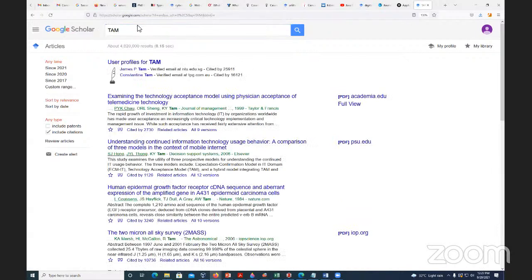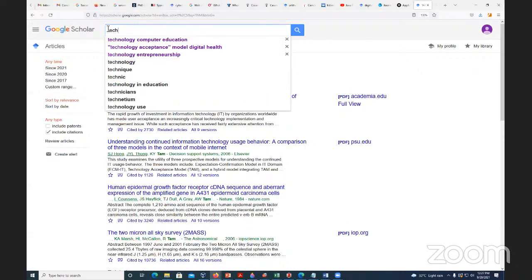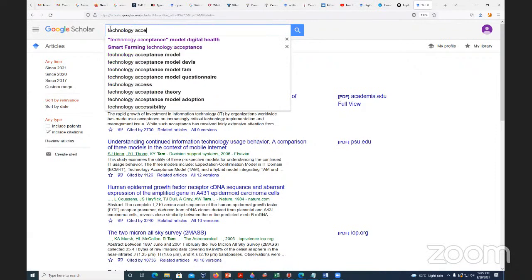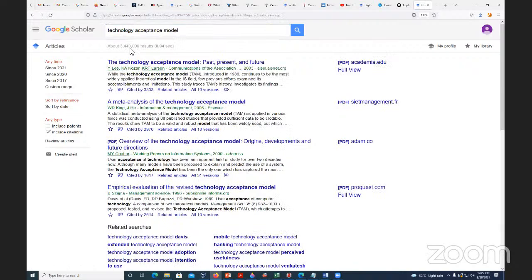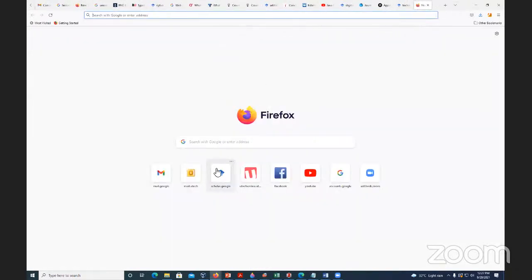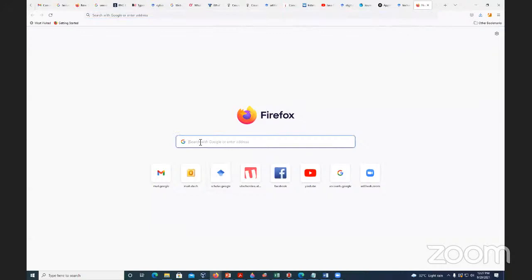That might not be just the technology acceptance model, so I might need to put it in specifically. This is 3.4 million. So there's a lot on this. It has been around for a long time, and the one I just said has fewer articles. I want to show you so you'll understand the concept.